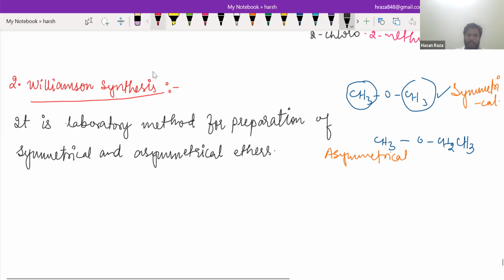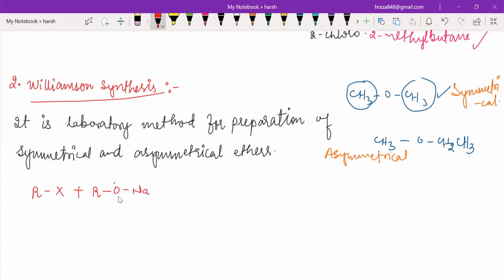So how we are going to prepare, it's very important. We are going to take an alkyl halide and react it with an alkoxide. What is an alkoxide? This is the alkoxide.